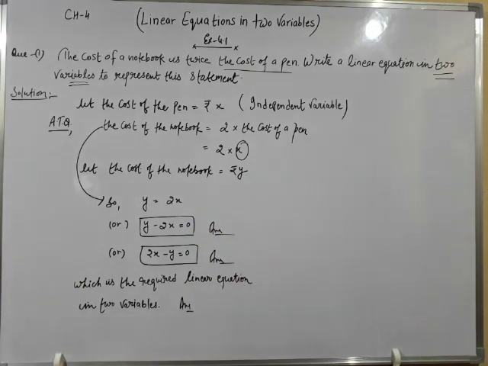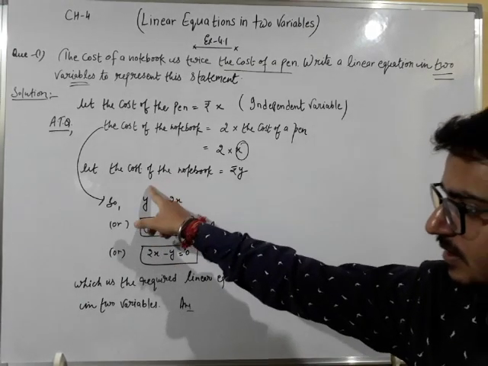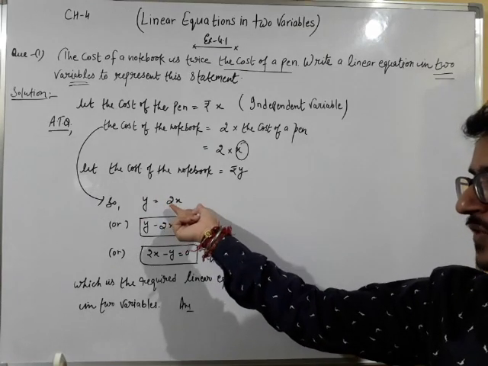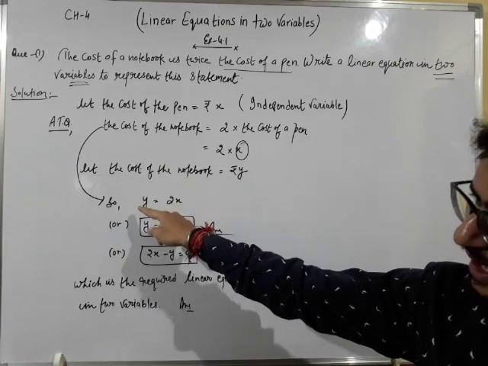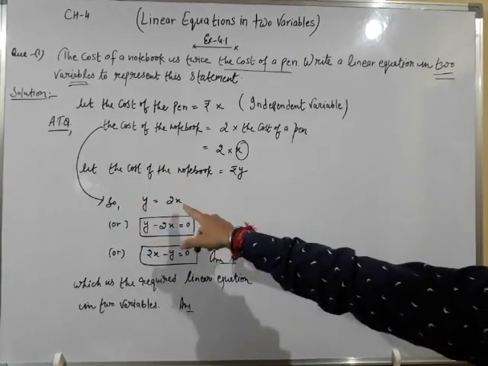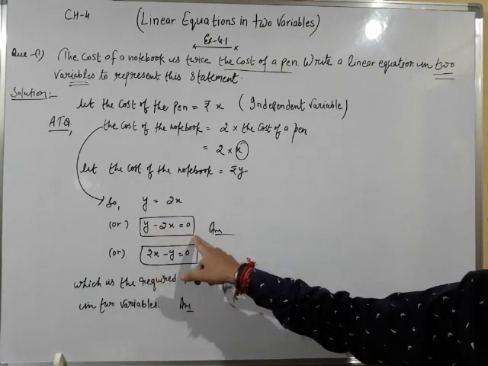To convert this relation into a linear equation in two variables, we transpose 2x from the right hand side to the left hand side. Here 2x is positive. When we take 2x from the right hand side to the left hand side, its sign will change and it will become minus 2x. So y minus 2x equals 0.